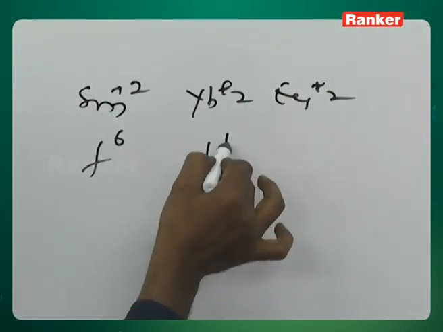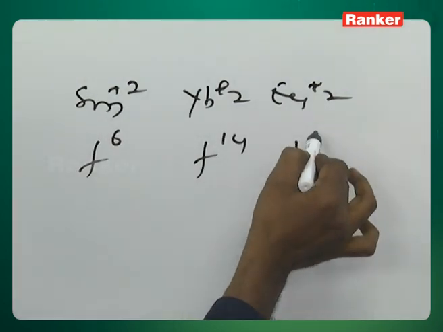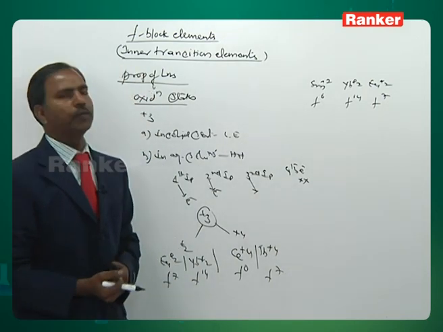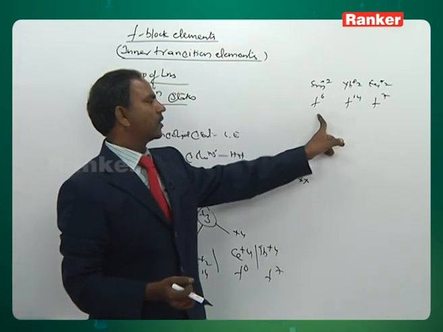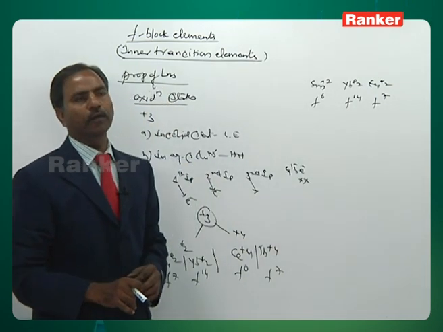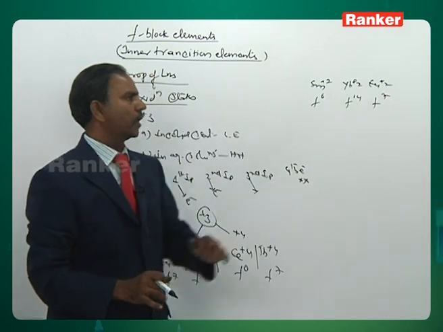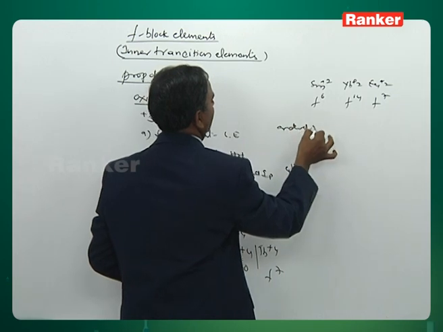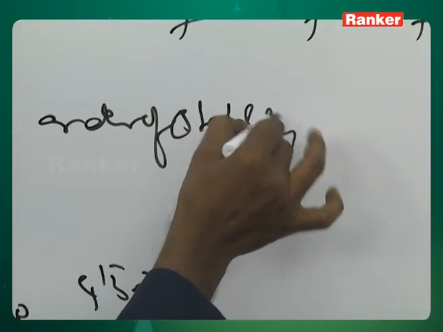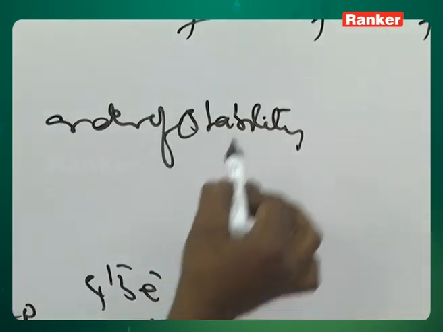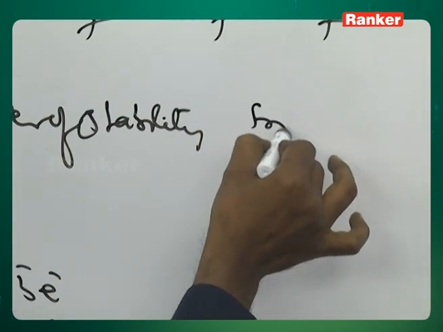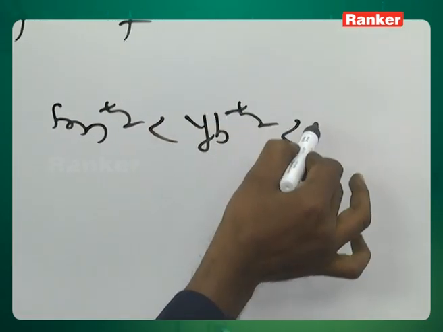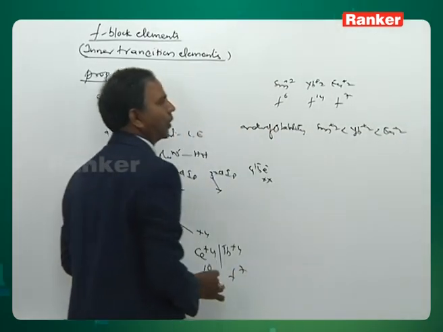Ytterbium +2 is F14, and europium +2 is F7. Consider the order of stability of these electronic configurations: samarium +2 is less stable than ytterbium +2, which is less stable than europium +2.